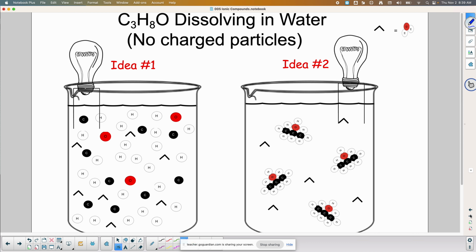I let you sniff the isopropyl alcohol, and it smelled really, really strongly like rubbing alcohol. Your noses and your tongue are extremely dependent upon molecular structure. Things smell the way they smell because of their molecular shape. Things taste the way they taste because of their molecular shape.